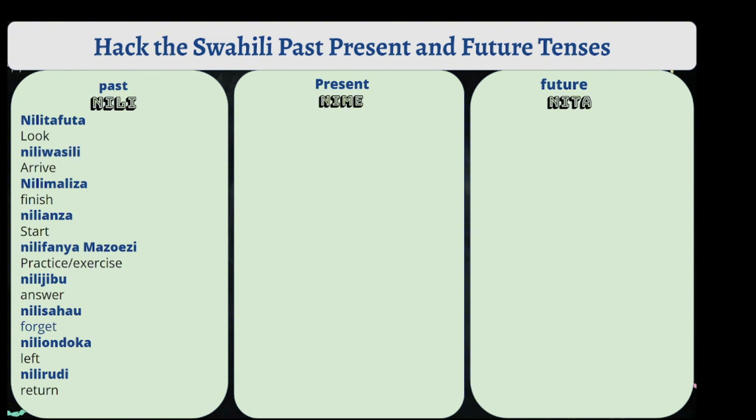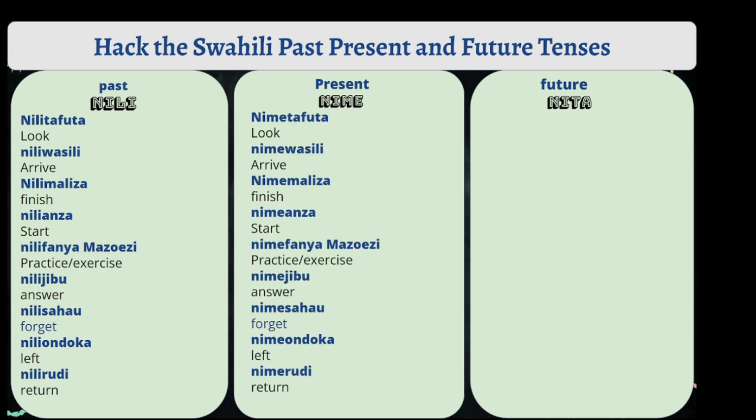I mean, can it get any easier? Nime. So, for instance, nimetafuta. I looked. So from the verb look we are talking about right now, nimetafuta.